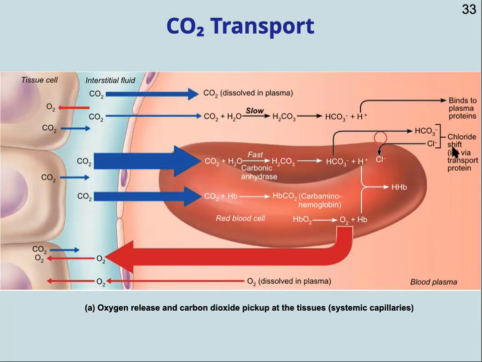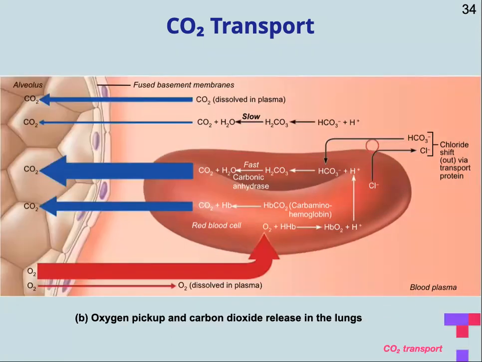And this process, as we mentioned, is called the chloride shift. In pulmonary capillaries, this process occurs in reverse. We have bicarbonate ions moving into red blood cells, while chloride ion moves out of red blood cells back into the plasma.